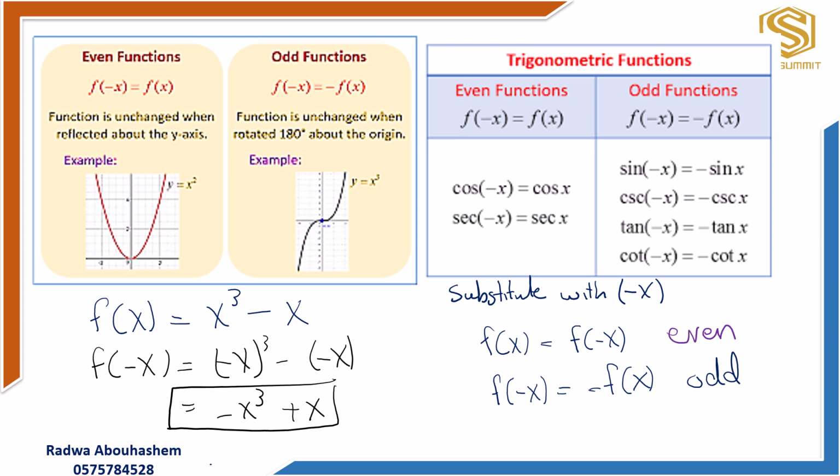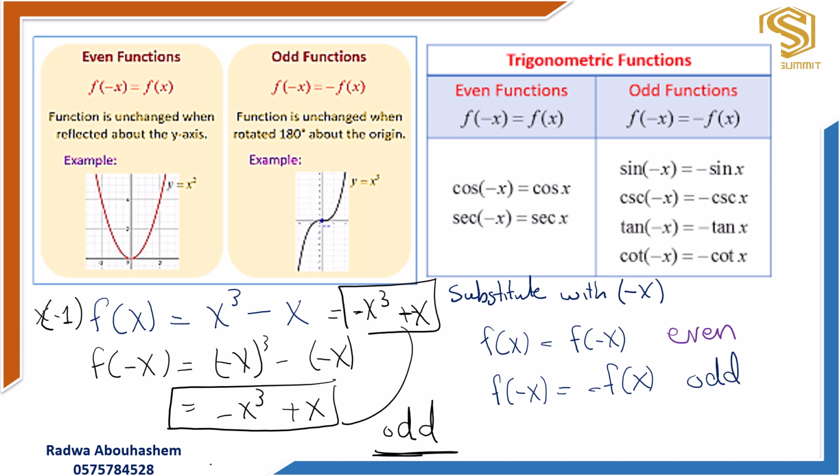Now, if I try to multiply the function of x times negative 1 to see what happened here, so I'm going to multiply by negative 1 here. So it would be negative x power 3 plus x. It's the same? Yes, so it's odd.